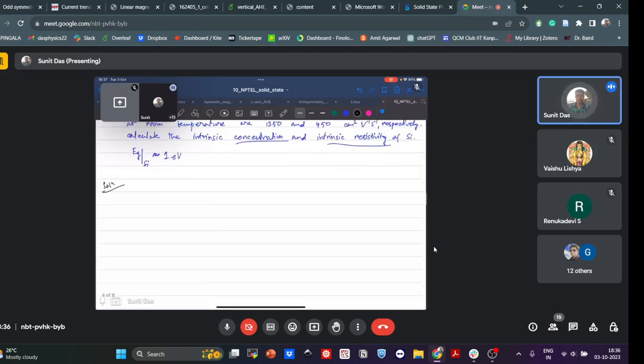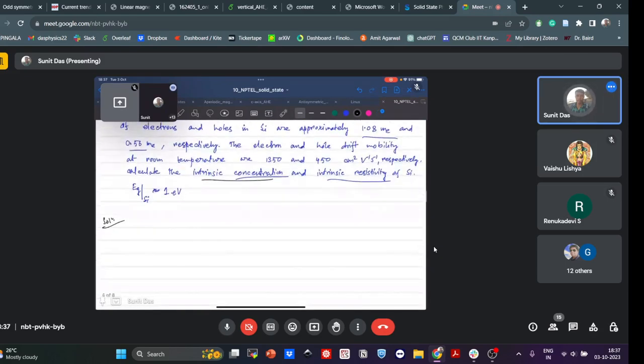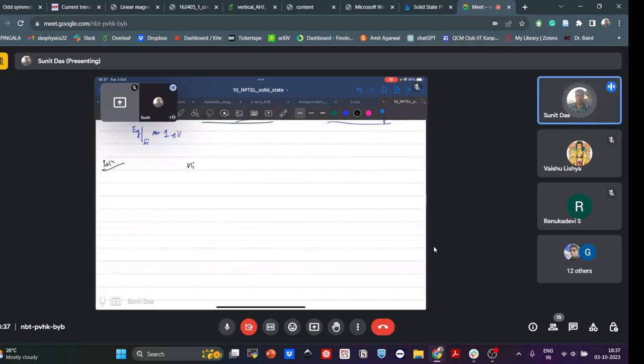Firstly we need to find the intrinsic concentration. The intrinsic concentration formula is root of Nc Nv into e to the power of minus energy gap by 2 kBT.